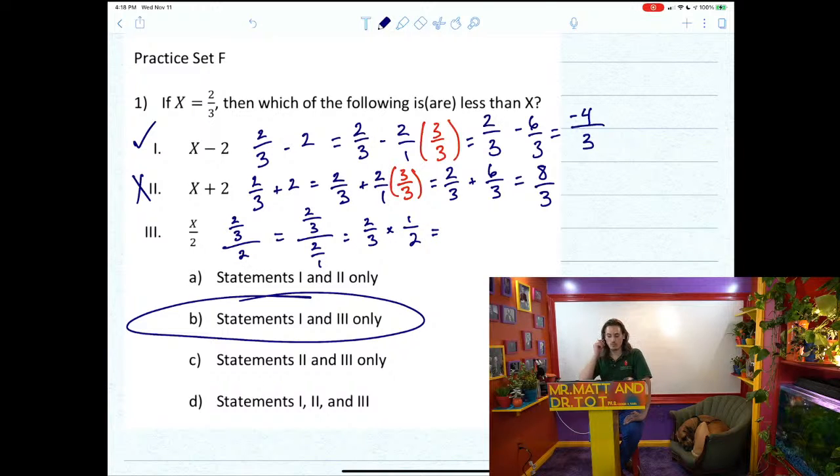So the 2 over 1 is going to turn into times 1/2. Going numerator times numerator, 2 times 1 is 2. Over denominator times denominator, 3 times 2 is 6. And that's going to reduce down into 1/3. 1/3 is definitely less than 2/3. So statement 3 is true as well.